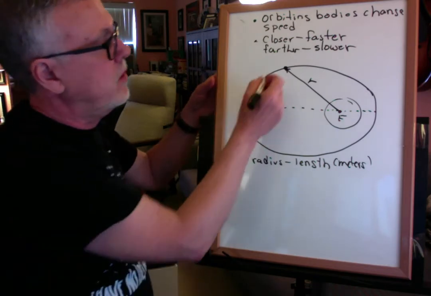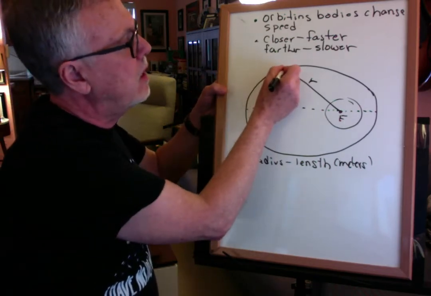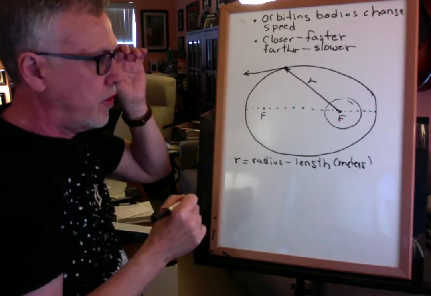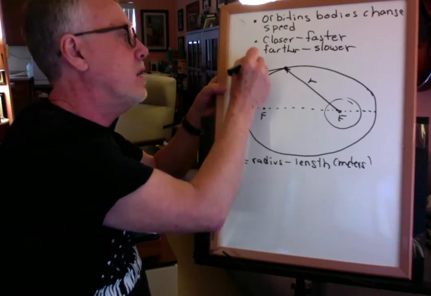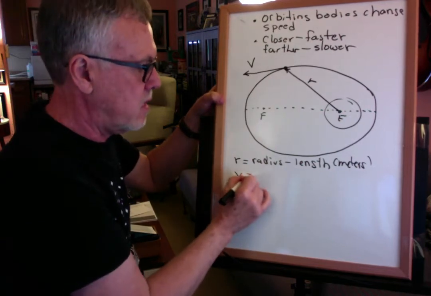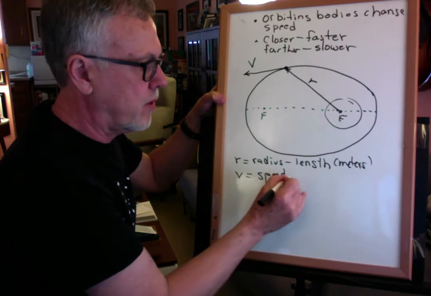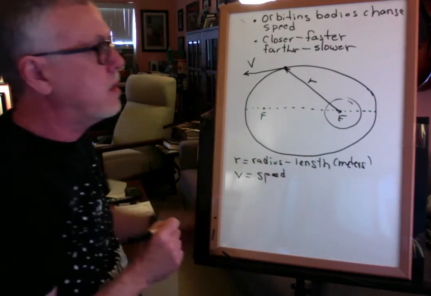And then we use an arrow that indicates the direction that it's moving with, and V is the speed. V is the speed that it is moving with. So it's the speed of the satellite.